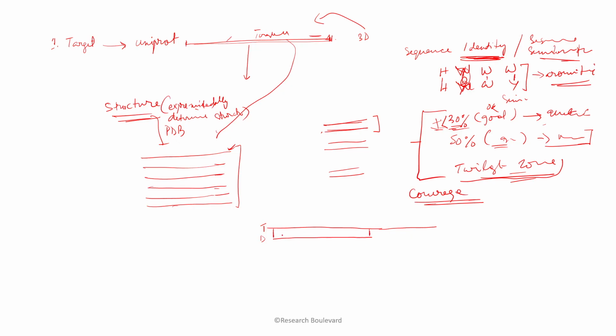Your sequence identity is, let's say, 80%. That means a very good alignment. But the problem here is you have a coverage of around, let's say, 60%. So if it is aligning for the first part, from here to here for 60%, you will be able to build 60% of the structure from this template, from the start to somewhere around here.